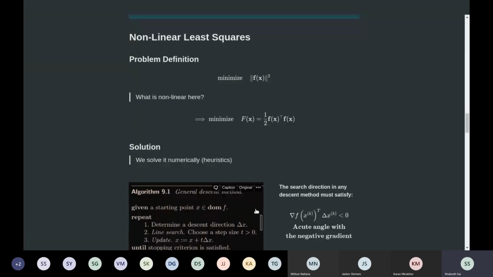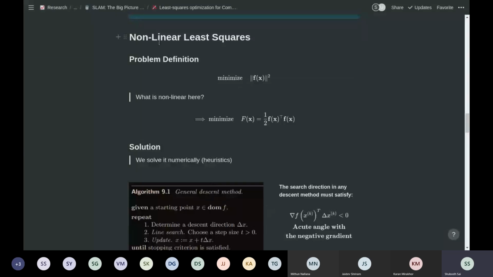You can answer this. I have answered what was linear before. Now you tell me what is nonlinear here. What is nonlinear? Quick. Anyone? F itself. Yeah, f itself is nonlinear. So we always look at the function f.